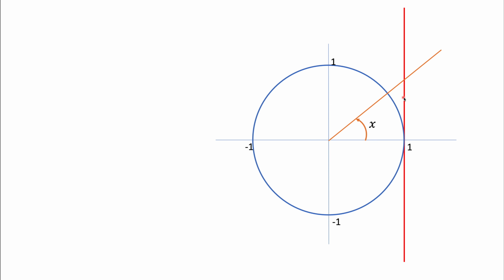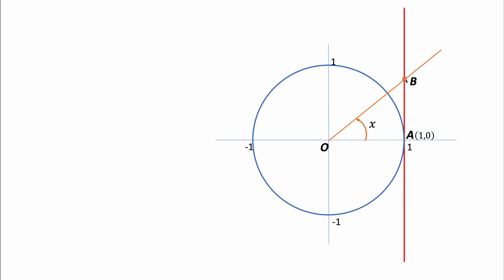So whatever you see, there's a vertical line here, that is a tangent line. It goes through the point A, point 1, 0. Okay? And what we need to do when we want to find the tangent of some angle x is to find where this angle intersects this tangent line.